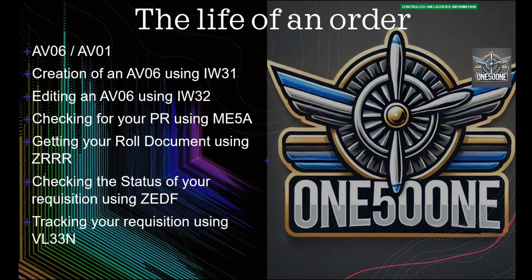So to recap, I briefly explained the differences between AVO1 and AVO6 and what they mean to you. We went over creating an AVO6 in iWhiskey31. Once we did that, we went in and edited our AVO6 using iWhiskey32. We really briefly checked the PR status using ME5 alpha.